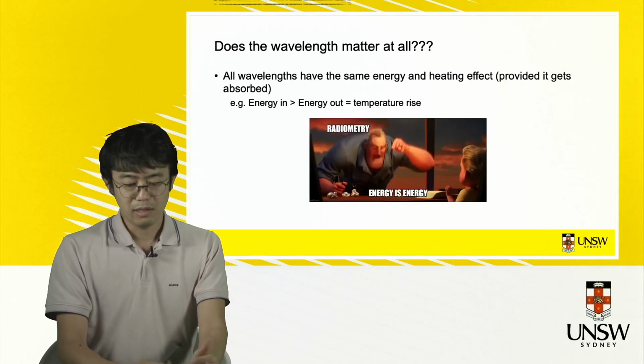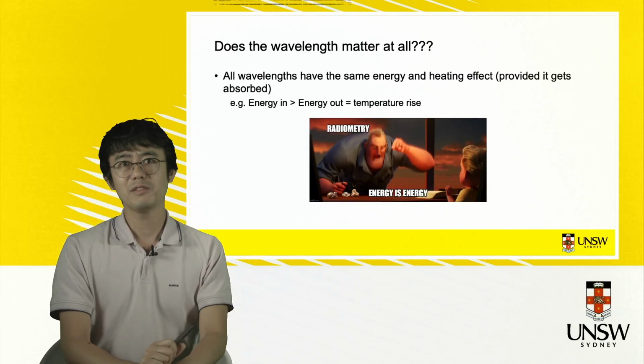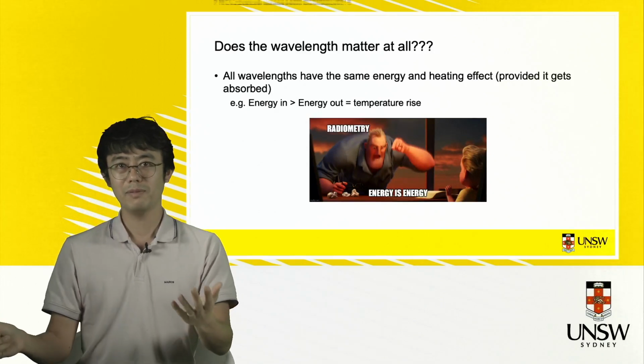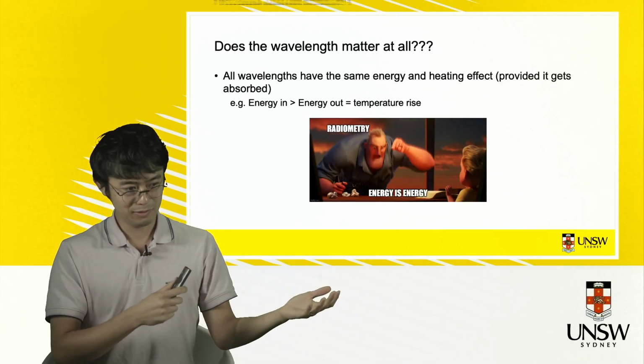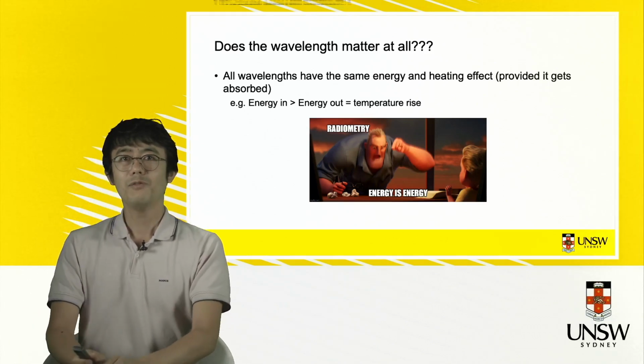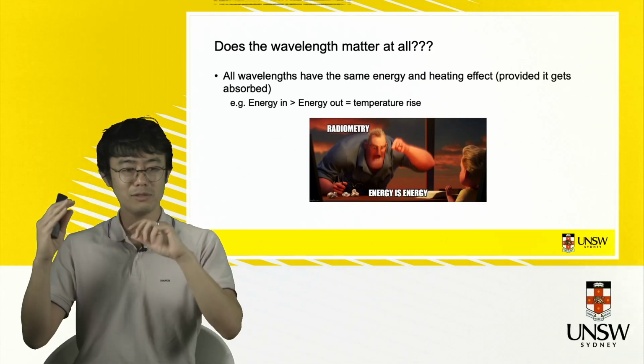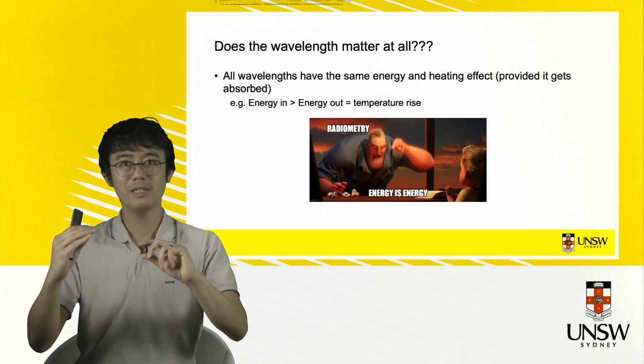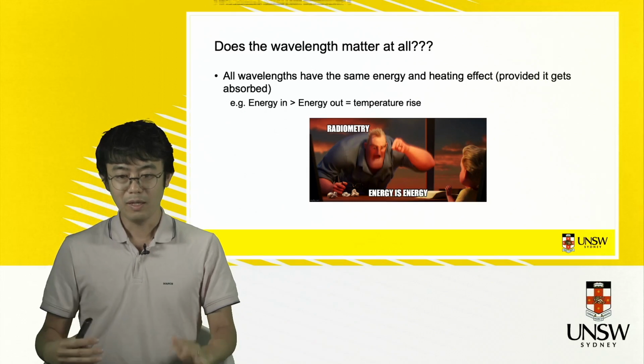So that leads to a question, does the wavelength matter at all? Does it matter if a wavelength is 300 nanometer versus 700 nanometer? In radiometry, yes and no. If you're just talking purely in terms of energy, it doesn't really matter.